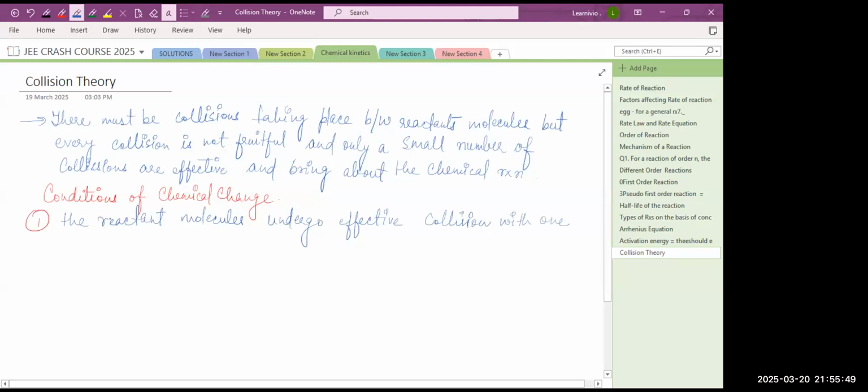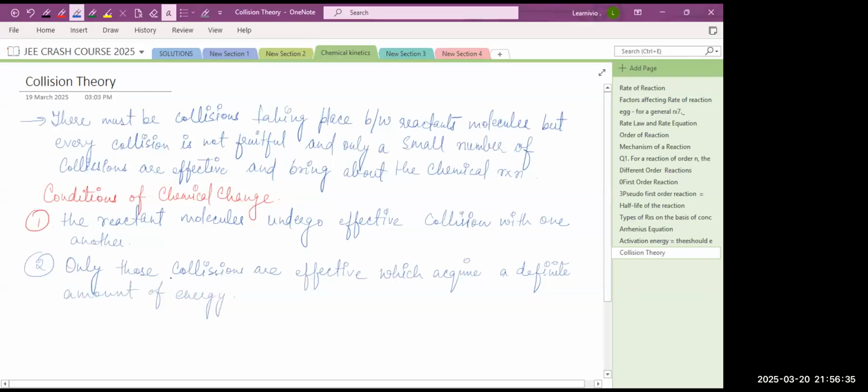And the second condition is that only those collisions are effective which acquire a definite amount of energy.